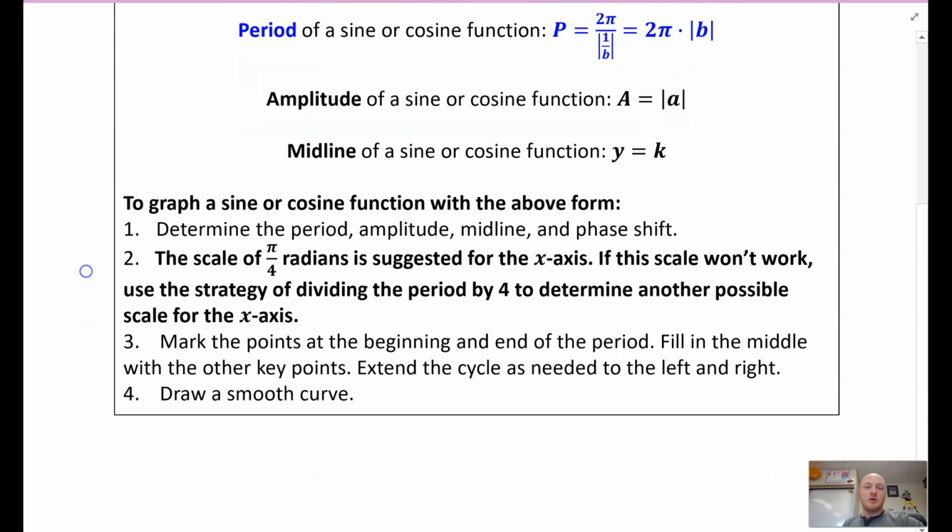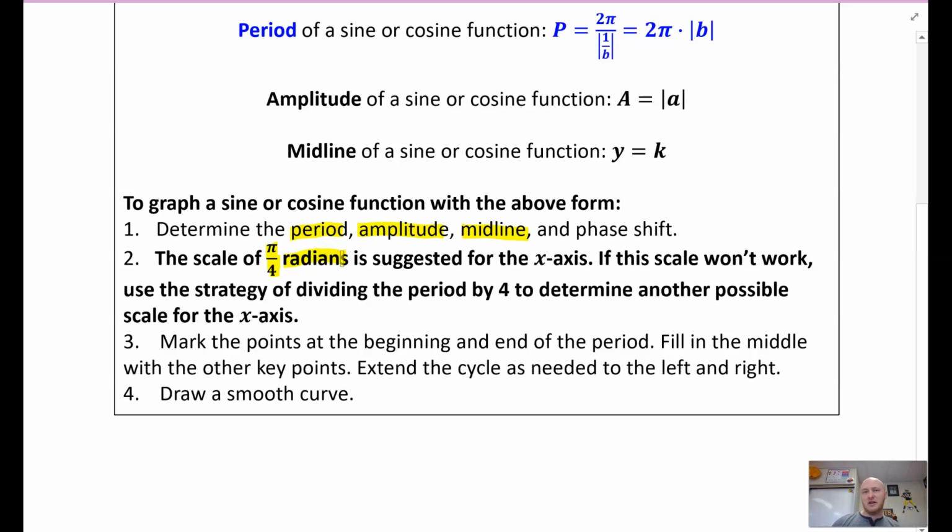All right, so in order to graph a sine or cosine function with the above form, the first thing we're going to do is determine our period, amplitude, midline, and phase shift. Phase shift we won't look at today. We'll add that in tomorrow in the next lesson. Now, one strategy when you're graphing these is to use a scale of pi fourths radians.